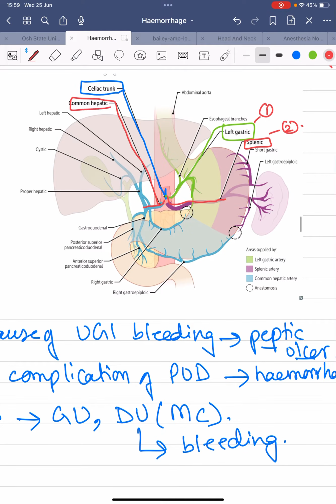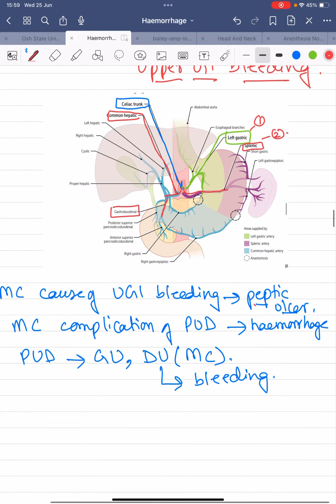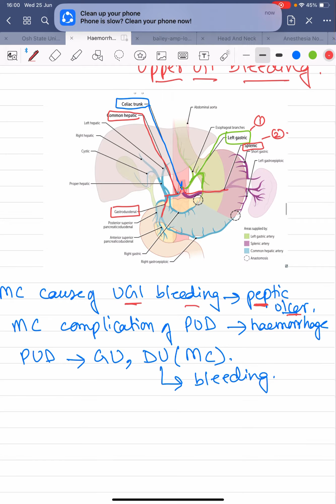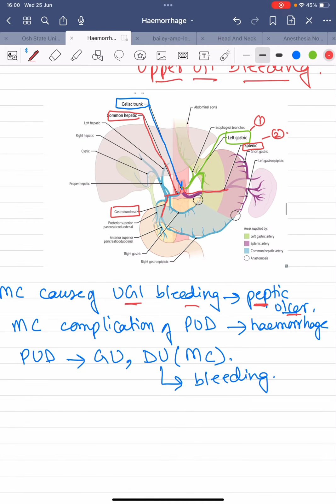From the common hepatic artery, this artery is important, which goes posterior to the duodenum, that is the gastroduodenal artery. Now see here, all students: most common cause of upper GI bleeding is peptic ulcer disease, and most common peptic ulcer is the duodenal ulcer.